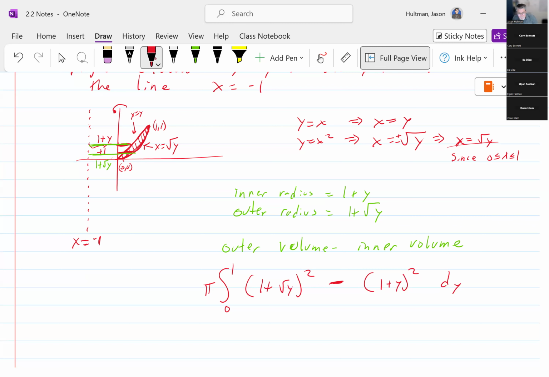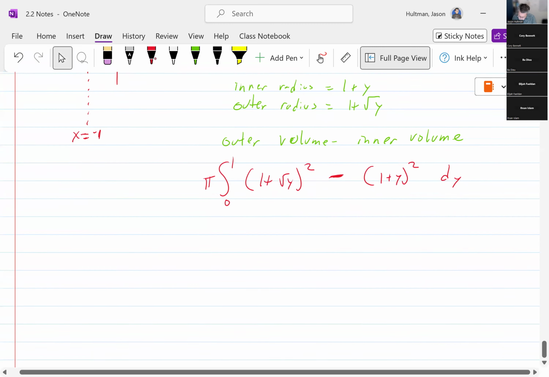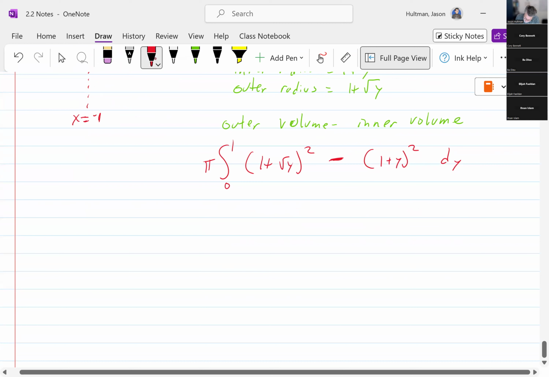Okay, so now let's do some algebra. We have pi times the integral from 0 to 1 of 1 plus 2 radical y plus the square root of y squared, minus 1 plus 2y plus y squared dy.